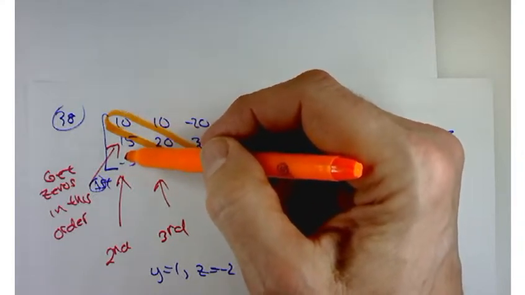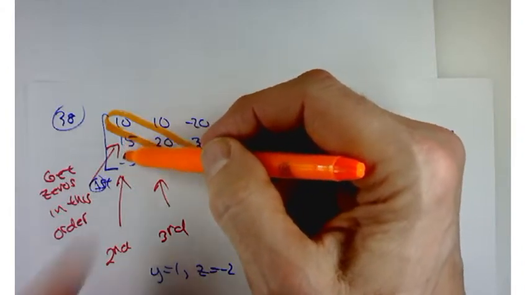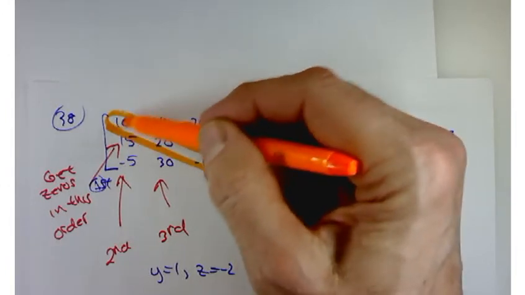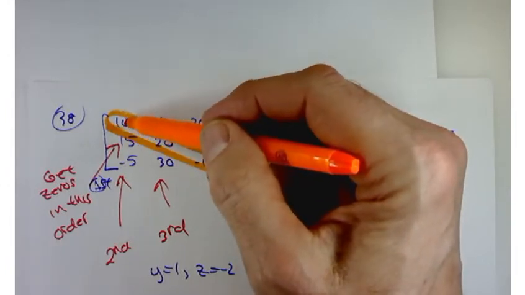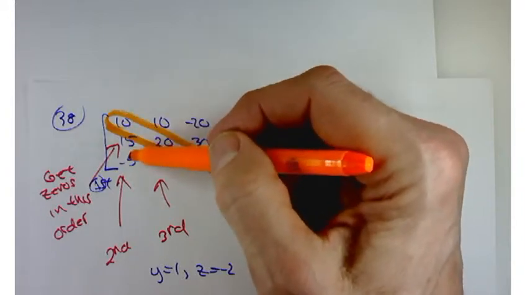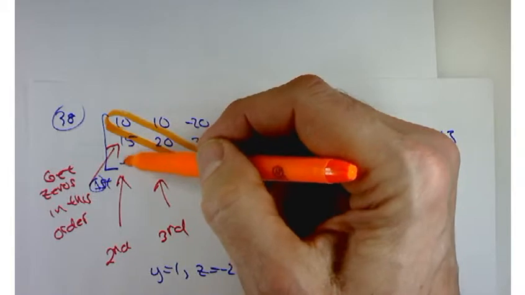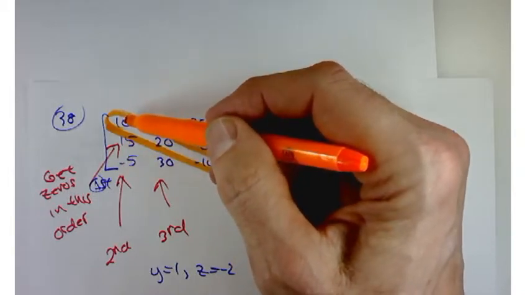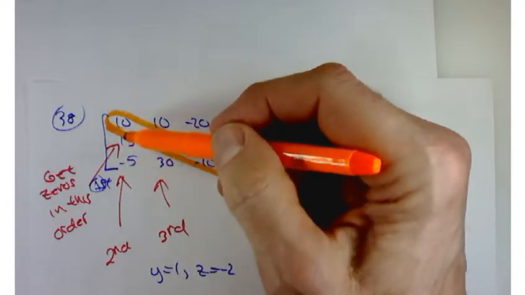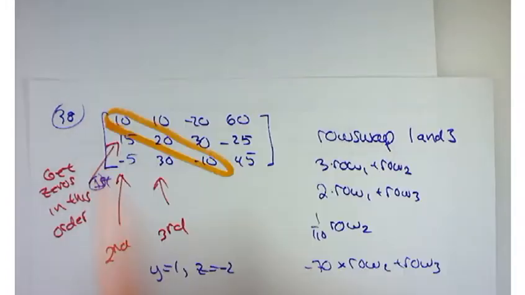If you're smart enough, you can say negative 1.5, great. But if not, it'd be nice to give yourself something easier in this position so that you can multiply by a nice integer and cancel things out. That, for me, was why I put the negative 5 up here. Negative 5 times 2 canceled out the 10. Negative 5 times 3 canceled out the 15. So that's what my choice was.